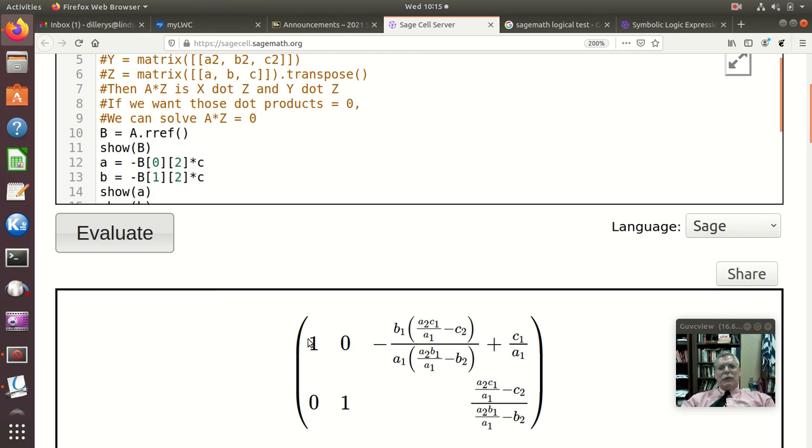Notice this is the 0 row, second column, as in 0, 1, 2 columns.